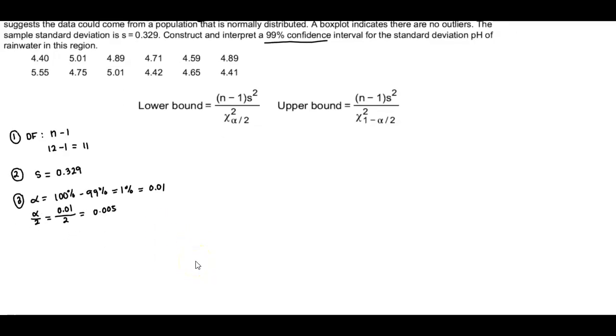So we want to find the critical value for chi-square that has an area of 0.005 and the degrees of freedom of 11.